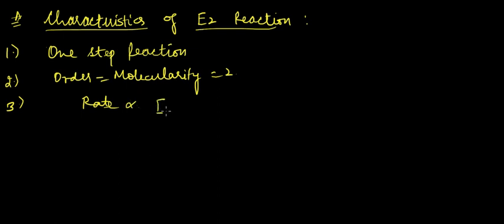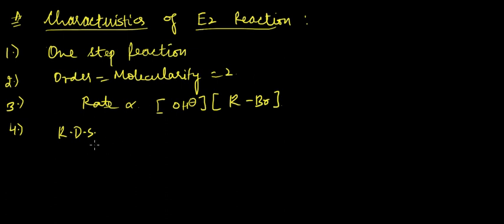I just mean that the rate of this reaction is dependent on two compounds, the nucleophile and the substrate itself. That is why the order or molecularity is 2. That's just some briefing about it, but for better understanding and more clarity, you can watch my physical chemistry lectures.